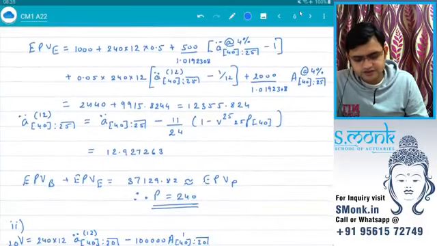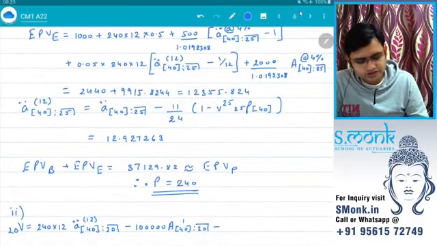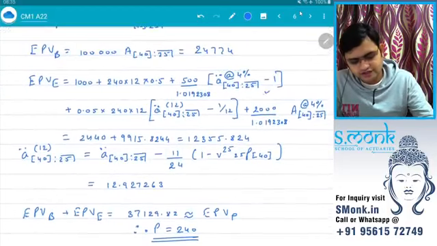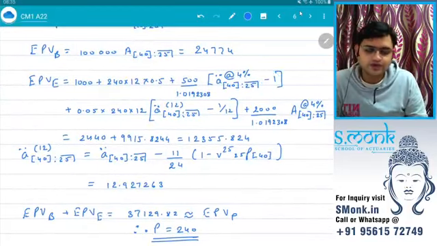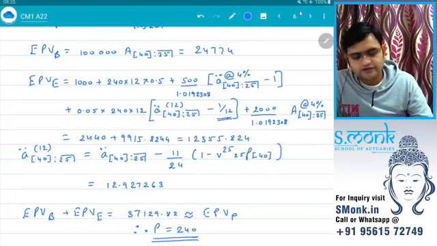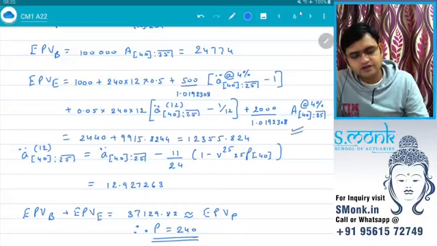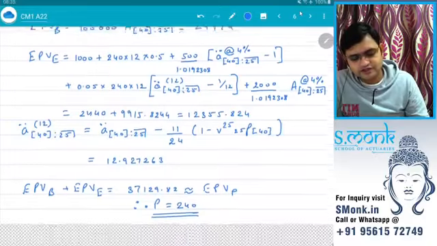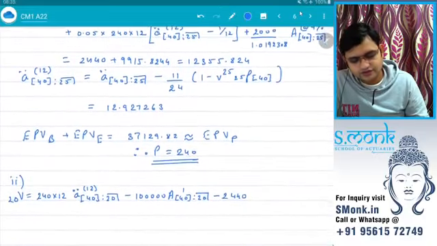Then expenses. Expenses initial 2440. What about the rest of the expenses? This expense will also be seen, and again we will have minus 1 by 12 because we are not including the first month, and this will be our claim expense, exactly the same in terms of how it is.